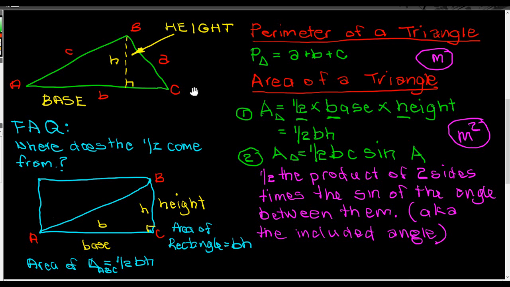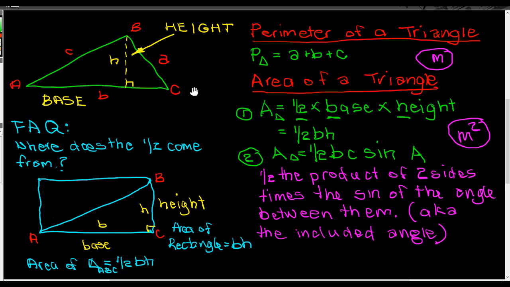The sine is a trigonometric ratio available on your calculators. The angle between them is also known as the included angle.